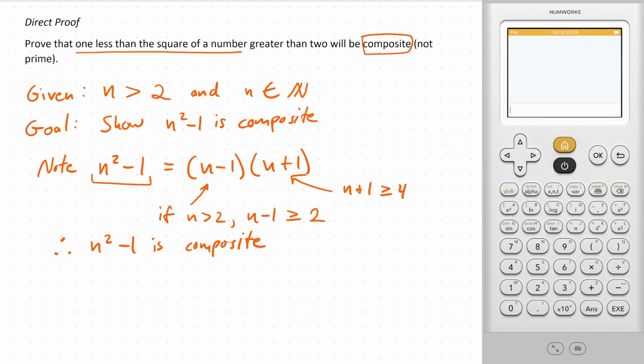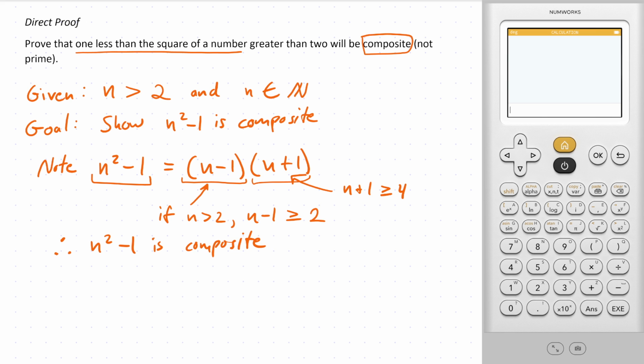And we know it's composite because it is the product of two numbers that are not equal to 1. If it was 1 times something, then it could still be prime. But we know that both of these two factors are 2 or more. And since it has two factors that are 2 or greater, it must be composite.